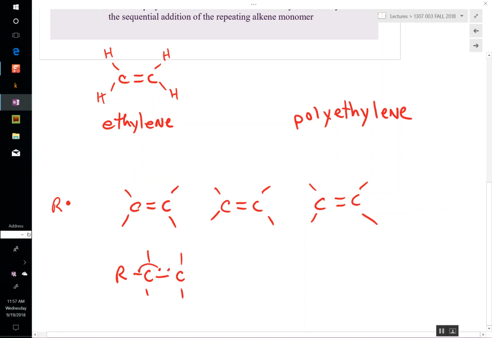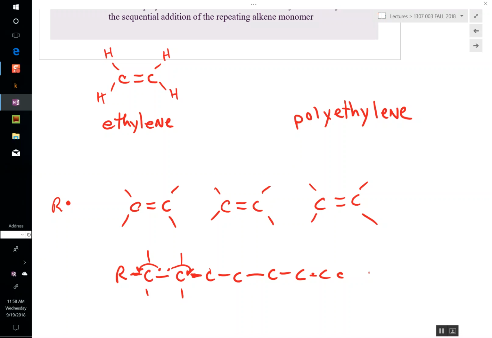This one electron goes in there to make that bond, and this other electron goes right out here and makes that a reactive species, and it plows into this one and connects, and that one has a dot in the end, and it plows into the next one and connects, and it plows into the next one and connects, and you get polyethylene. You get a lot of heat. You can melt the reactor doing this stuff. You have to do it slowly but surely because it gives off a lot of heat.